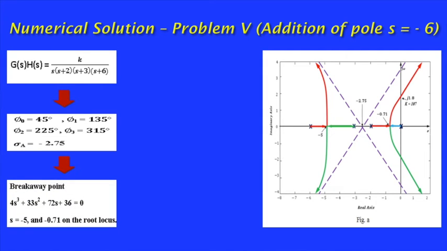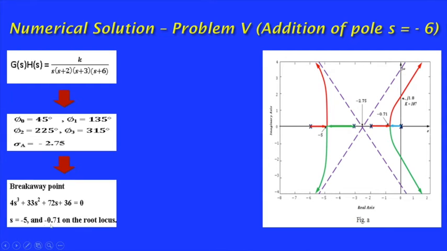Then calculate the breakaway point. Using the characteristic equation, dK/ds equal to 0, we get the equation 4s³ + 33s² + 72s + 36 = 0.